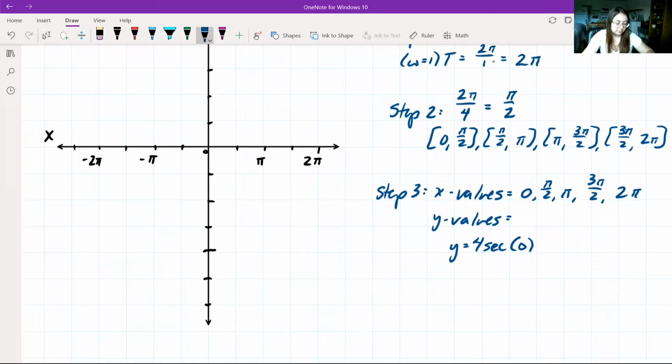So we have 4 secant of 0. Secant of 0 is going to end up equaling 1. So this means we're going to have 4 times 1, which is just 4. So our point will be (0, 4).